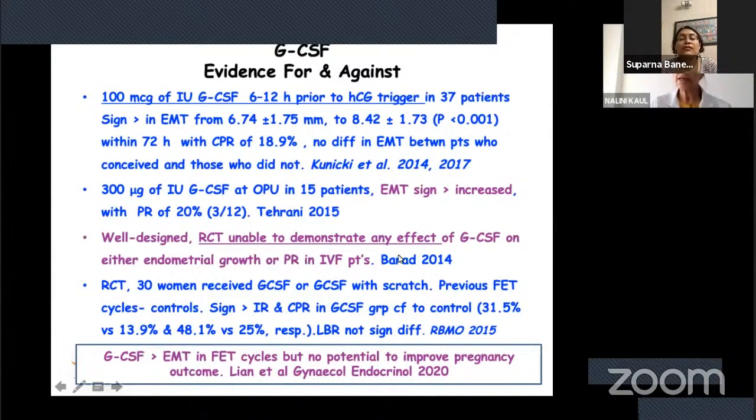So another well-designed RCT again was unable to demonstrate any effect of GCSF on endometrial growth or the pregnancy rates in IVF. So for the moment, it does increase EMT and FET cycles, but there is no potential to improve pregnancy outcome, and maybe more studies in future will tell us if it really works.